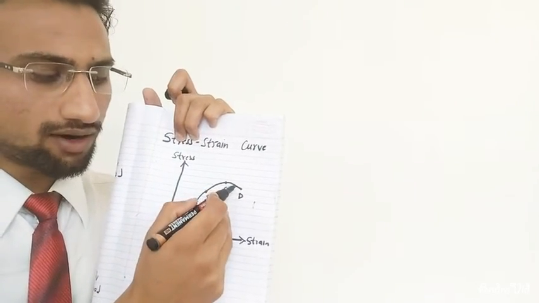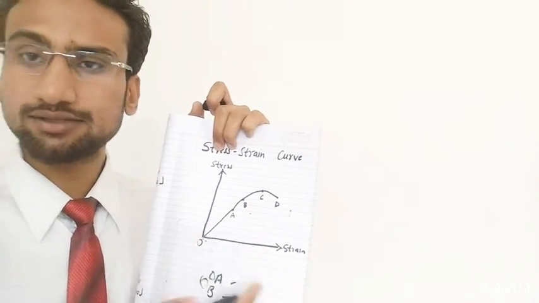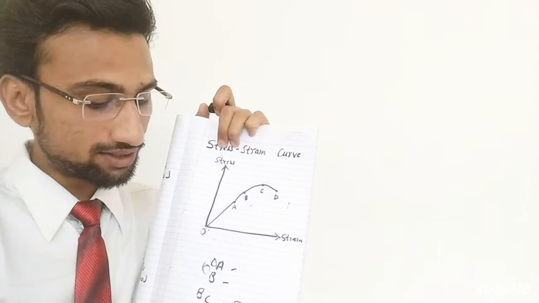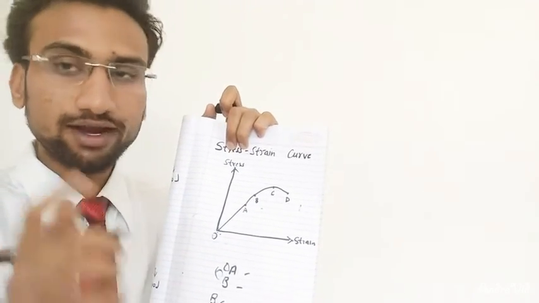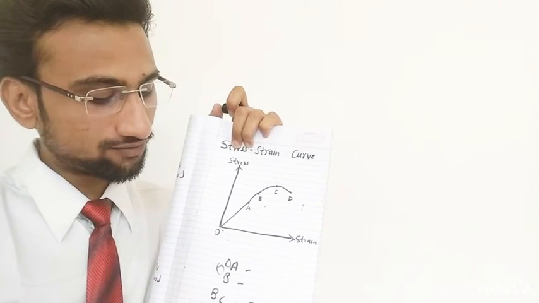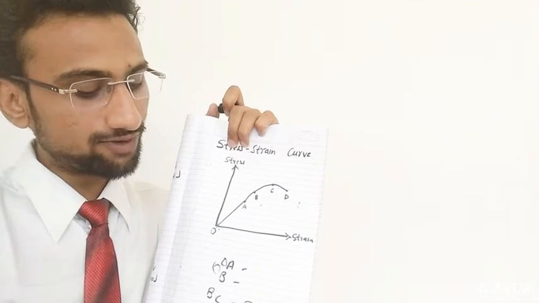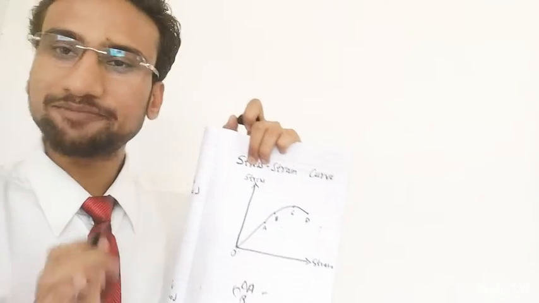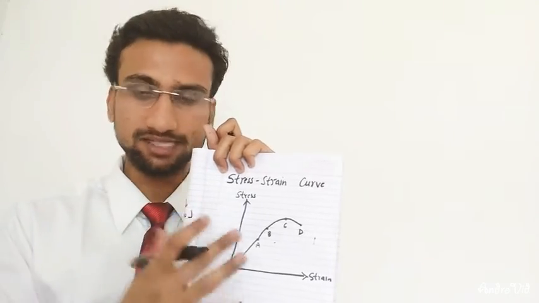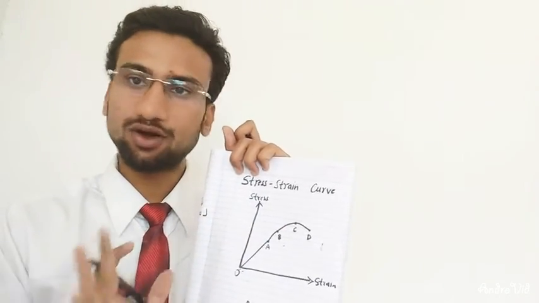After C, if I keep on increasing the stress, the force, the body will reach a point from where it will get broken. And D will be known as the fracture point.